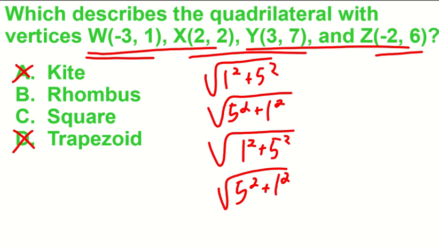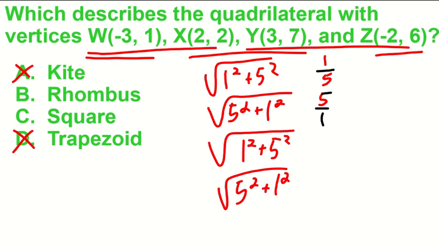For W to X, change in y over change in x, that's going to be a slope of 1/5. All right, for X to Y, that's going to be a slope of 5 over 1, which is just 5.